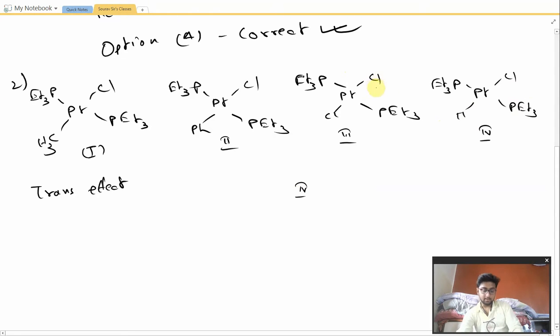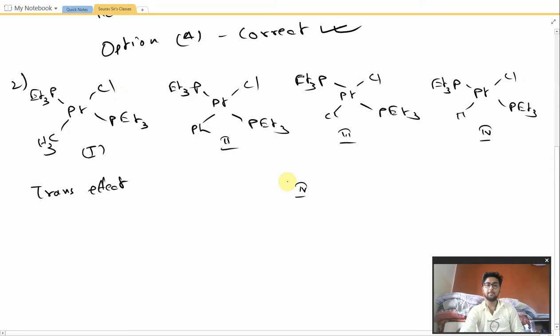Now the next structure is 1. It has a high trans effect, and therefore it would direct the Cl to leave, and the incoming pyridine nucleophile would attach at the trans position of the methyl group very easily.